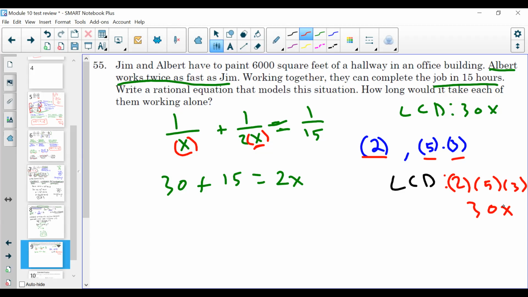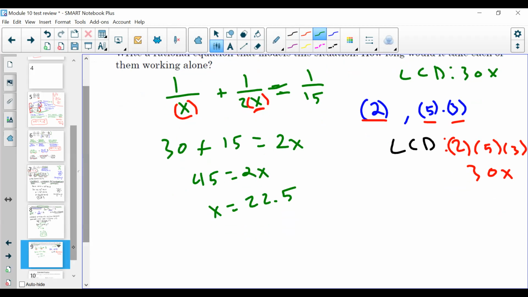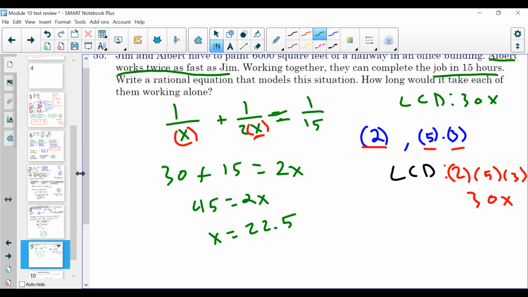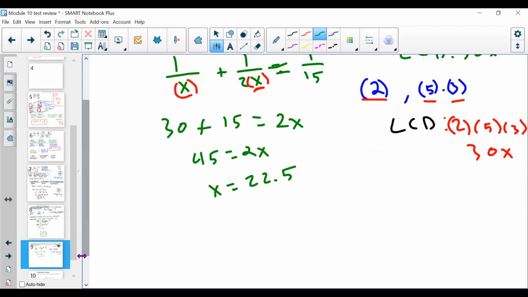All right, let's keep going. So now when I solve this out, I get 45 equals 2x, or x equals 22.5. So that right there is going to be Albert's speed because Albert goes twice as fast. So that means Albert finishes it in 22.5 hours.